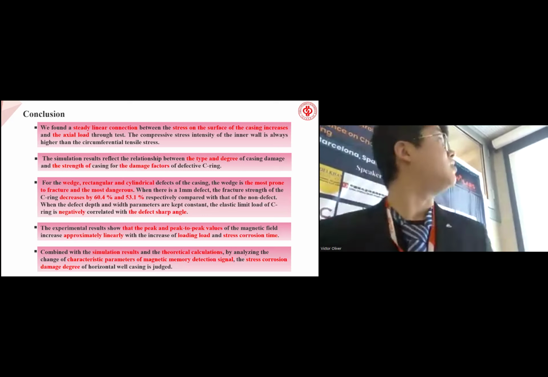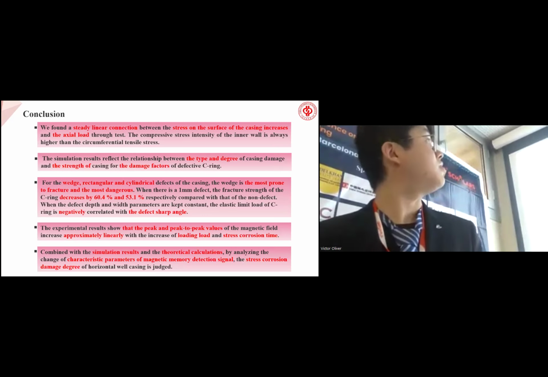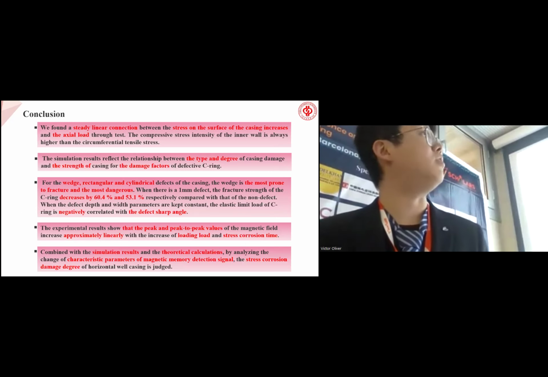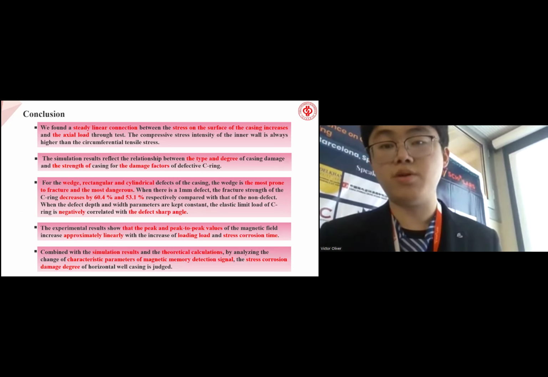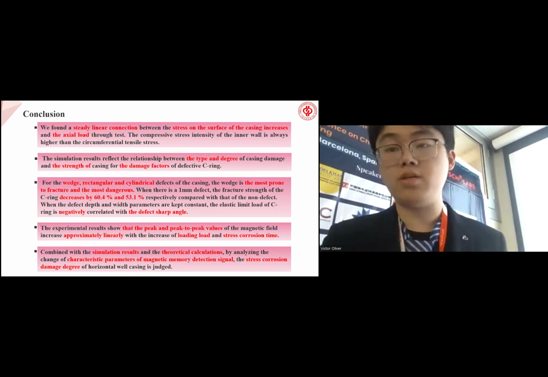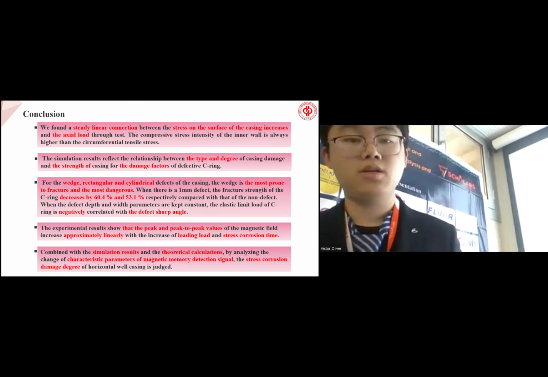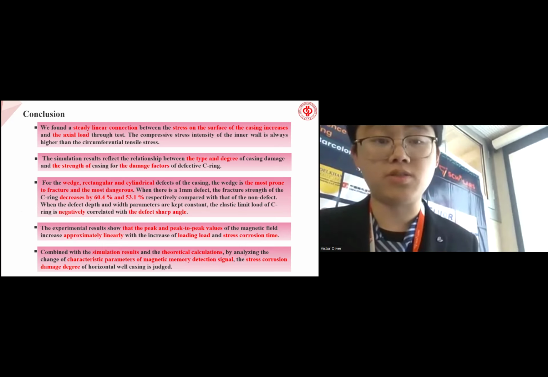And we can find a linear relationship between the stress on the surface of casing and the load through the test. The compressive stress of the inner wall is always higher than the circumferential tensile stress.